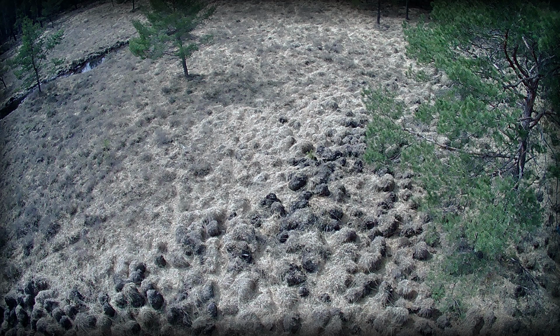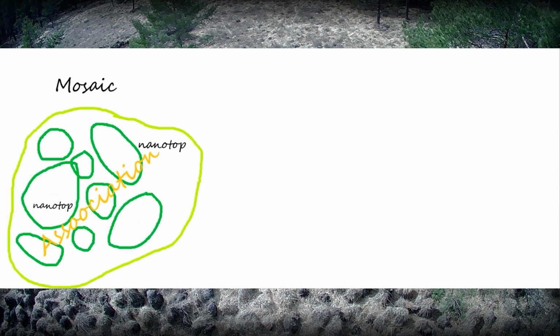Let's look at them. Mosaic is spatial heterogeneity within one phytocenosis class. Elements of mosaic are connected to the nanoforms, like small hammocks, hollows, flat patches. All elements of vegetation are classified as part of one association.